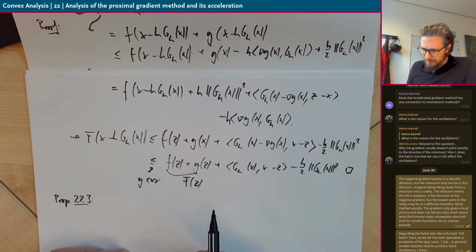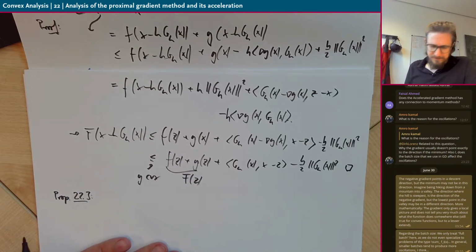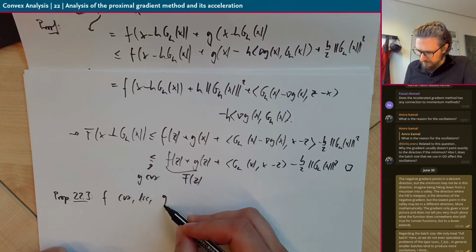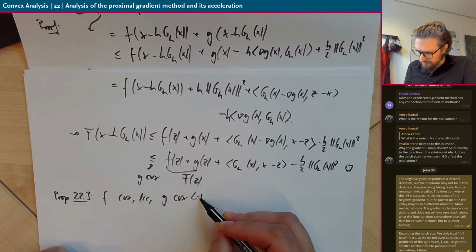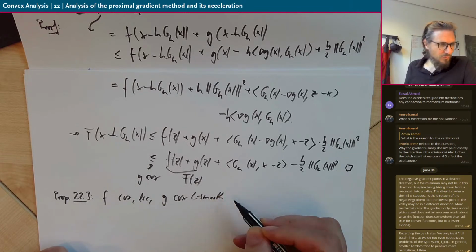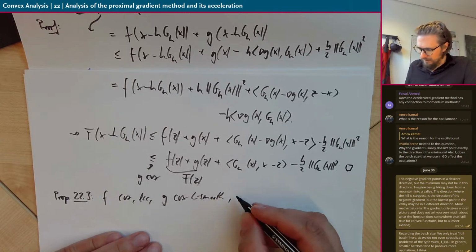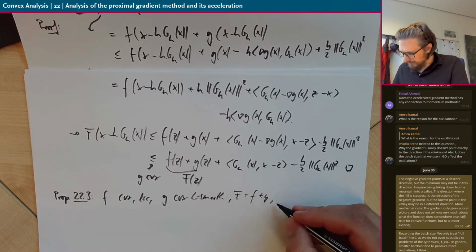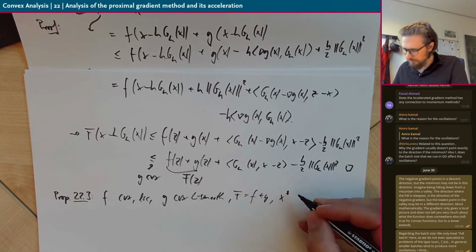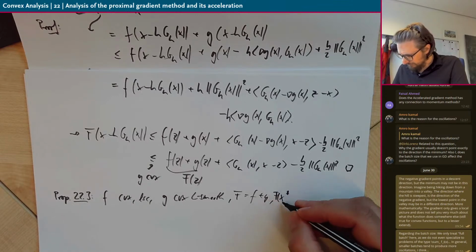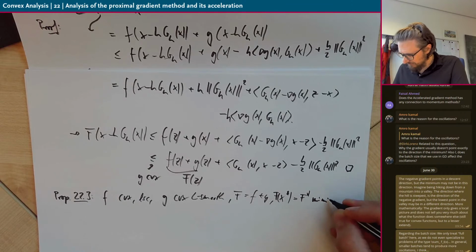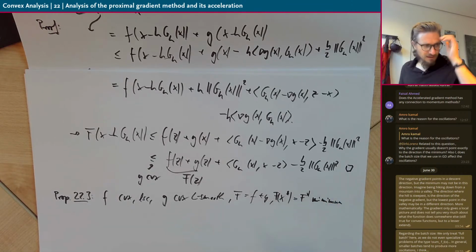So, the same assumptions: f convex, LSC, g convex, and L smooth. Again, capital F is small f plus g, and f of x star will be called f star, the minimum. So there exists a minimum, and it is attained at x star.